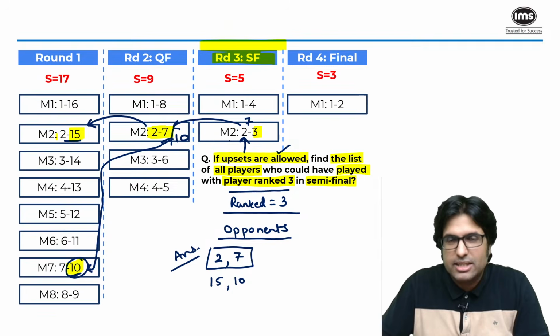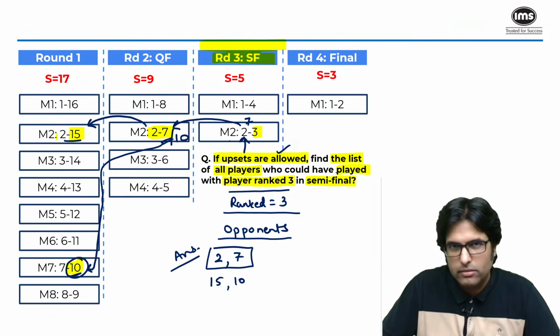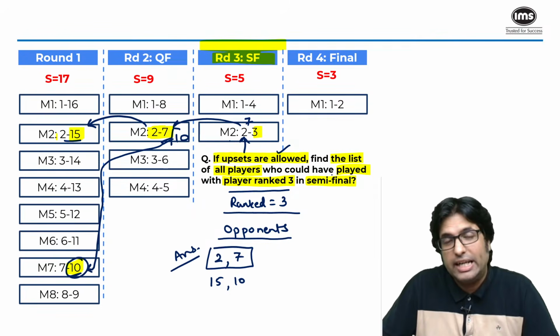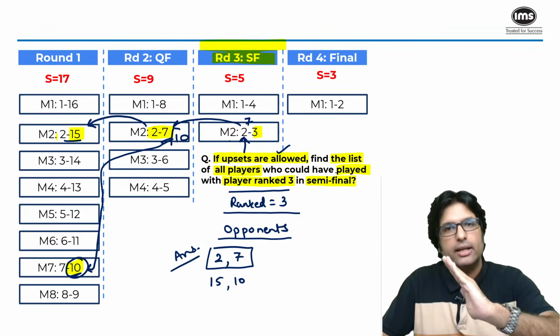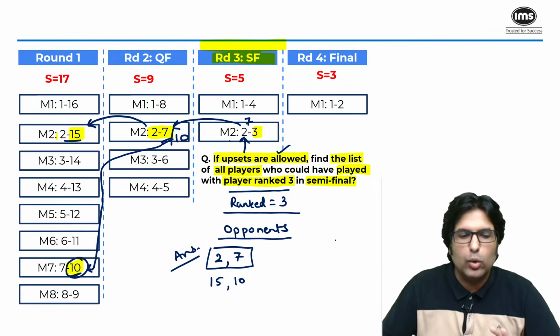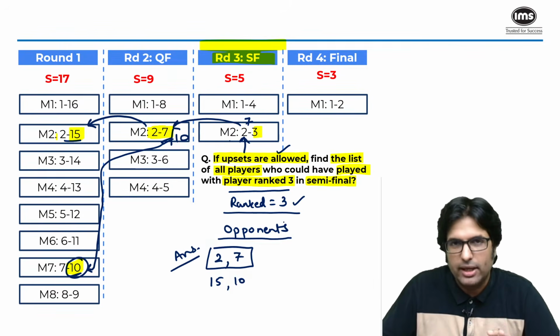With 16 players, it is still manageable and easy to draw. Imagine 512 players, you are not expected to create the entire draw. That itself would take 40 minutes. So no point in drawing that entire draw. So how do you navigate this question easily? I hope the logical way is clear, that you backtrack and look at all the players who could have possibly played, and 2, 7, 15 and 10 could possibly play player rank 3 in the semi-finals.